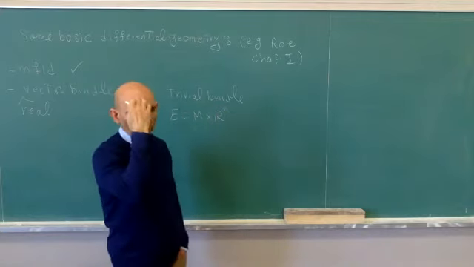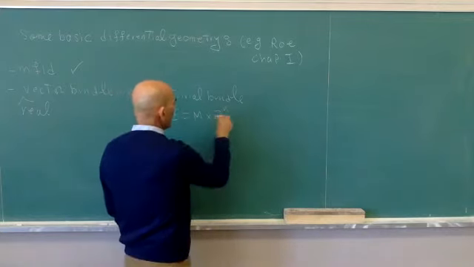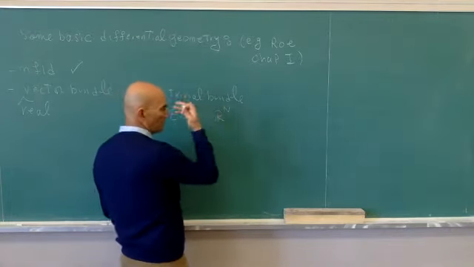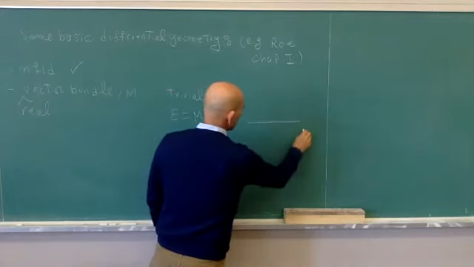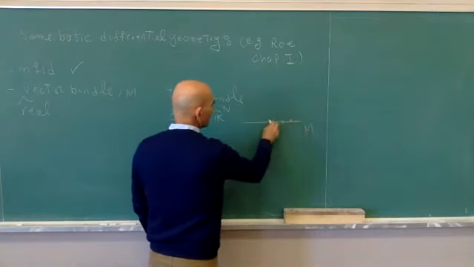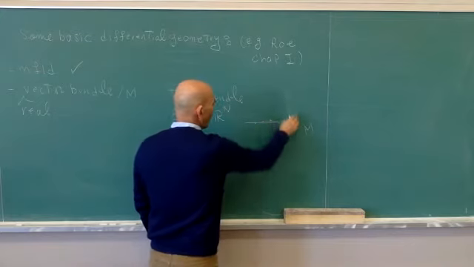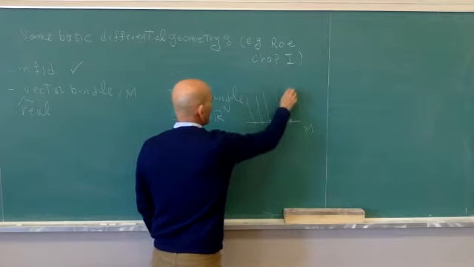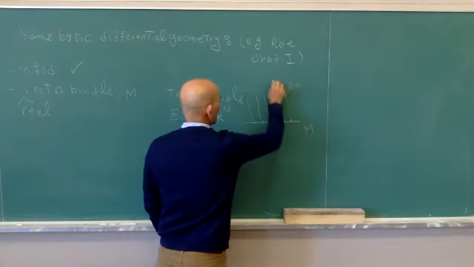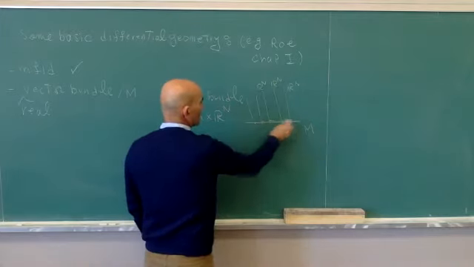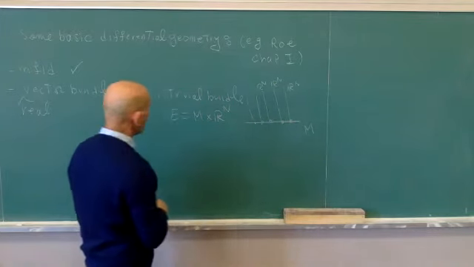Geometrically, you think about it like this: this is M, and over each point on M there is a copy of R^n. So it's kind of sitting over each point.